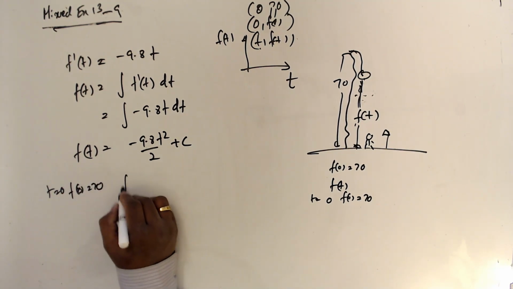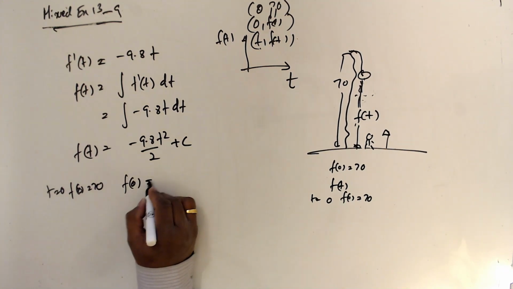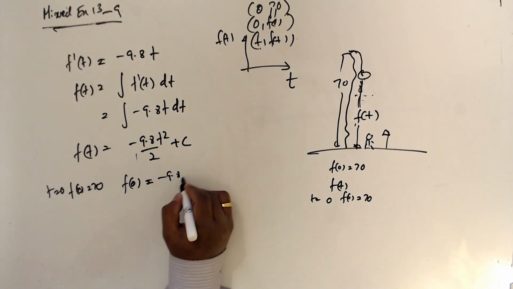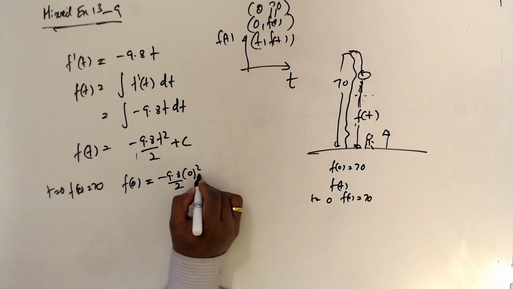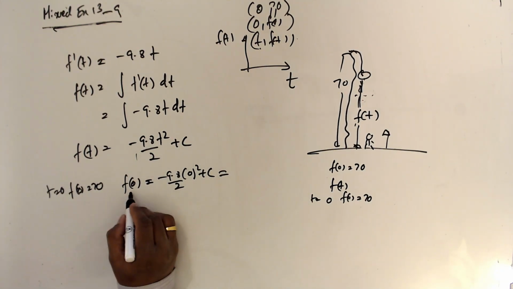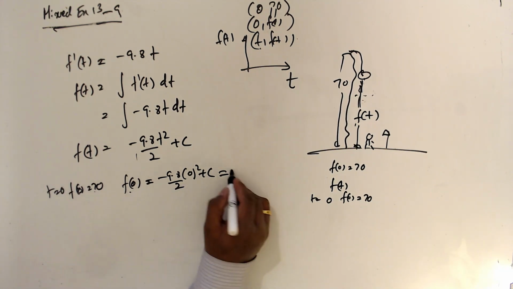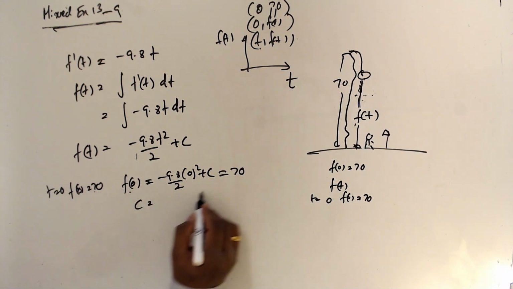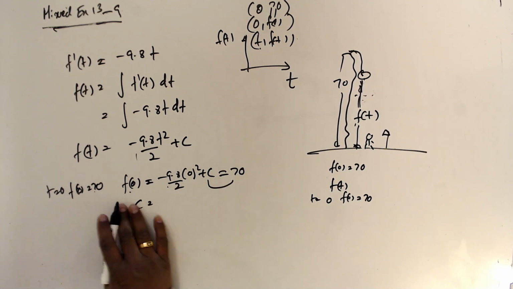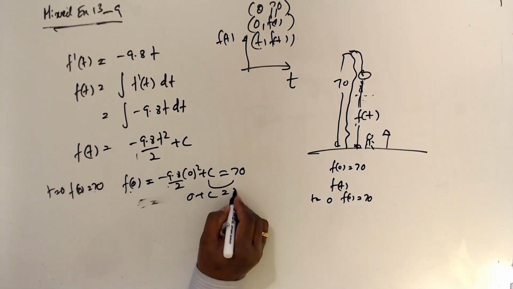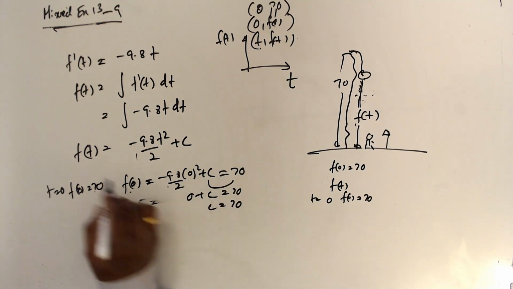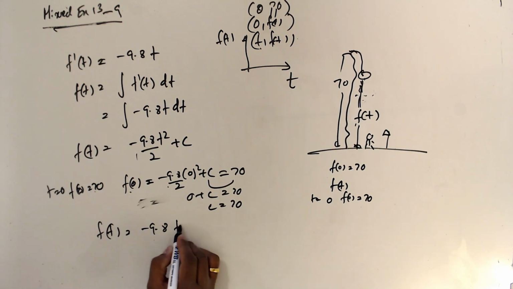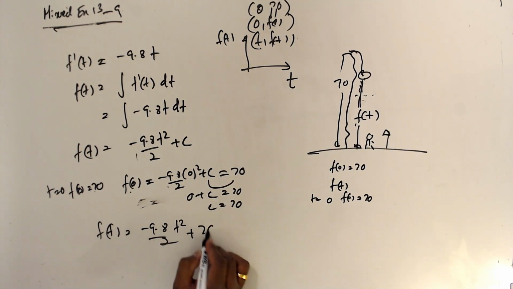So I will apply f(0) equals, when t equals 0, 9.8 over 2 times 0 square plus c. What is f(0)? f(0) is 70. I'll put it here. Then we can find the c value: 0 plus c is 70, so c equals 70. Hence the function is f(t) equals minus 9.8 t square over 2 plus 70.